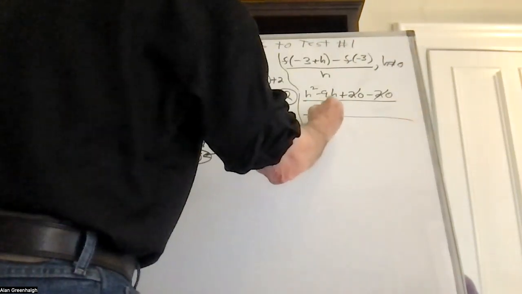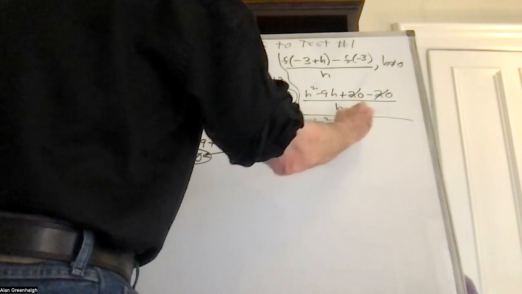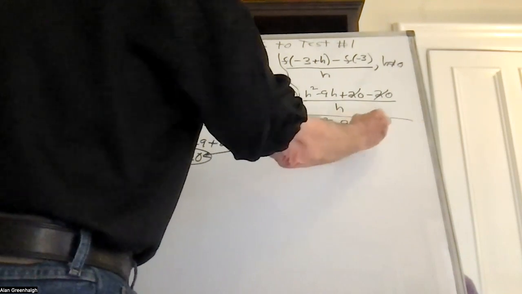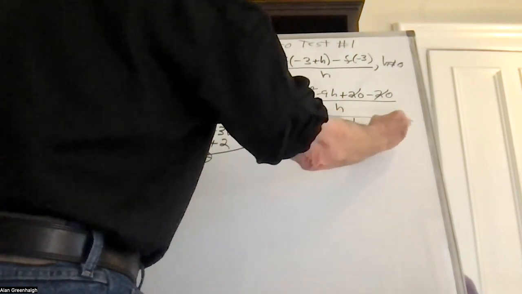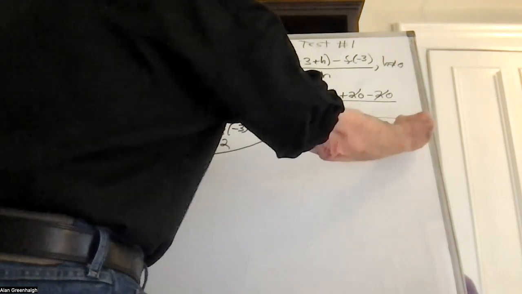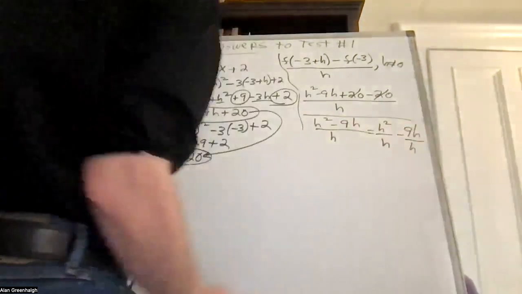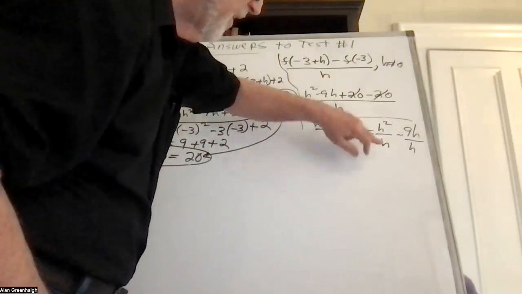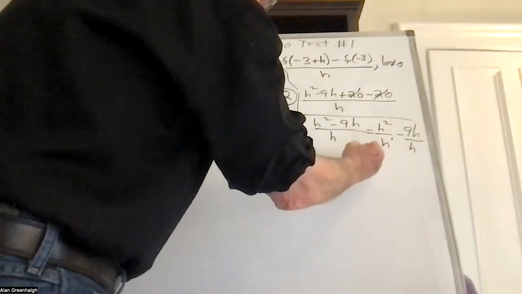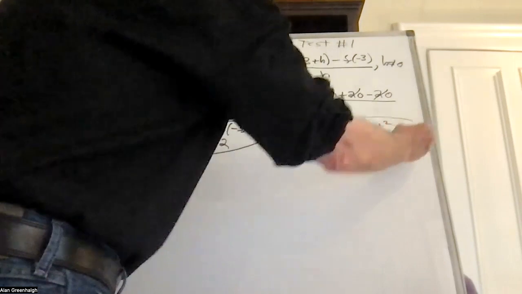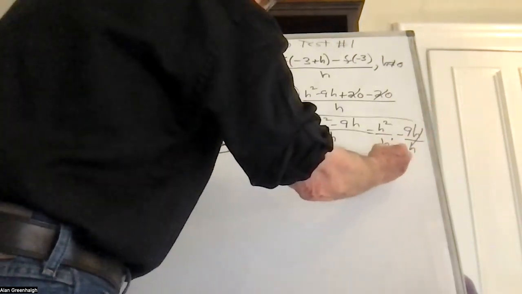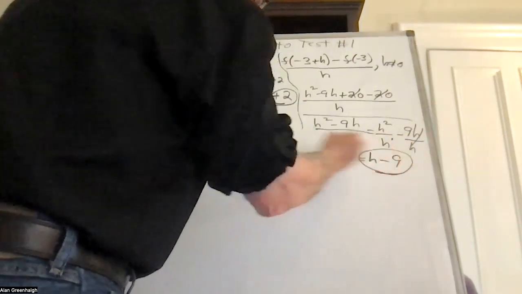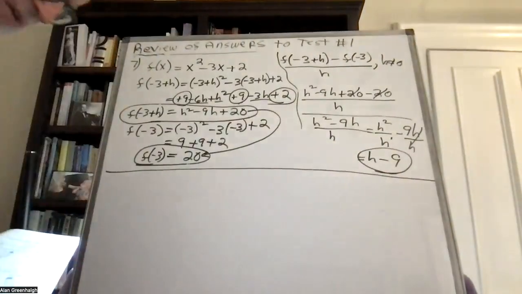You get h squared minus 9h divided by h, which is h squared over h minus 9h over h. H squared divided by h to the first is h, and the h's cancel out, and this was the answer to the question. This is also a 12-point question.